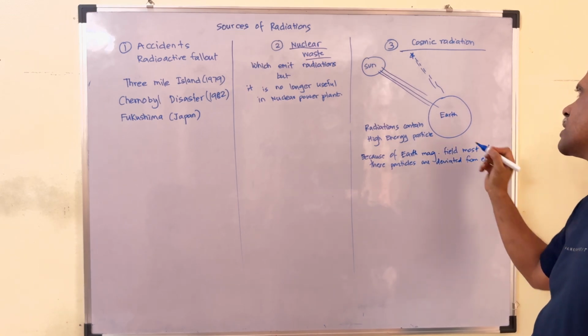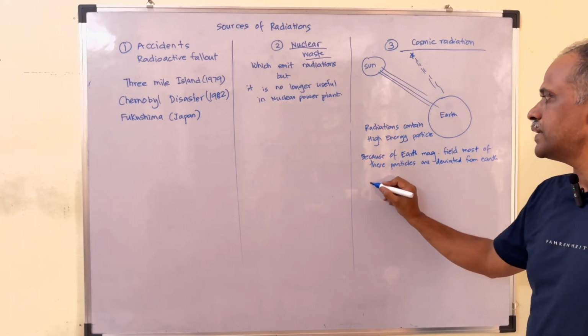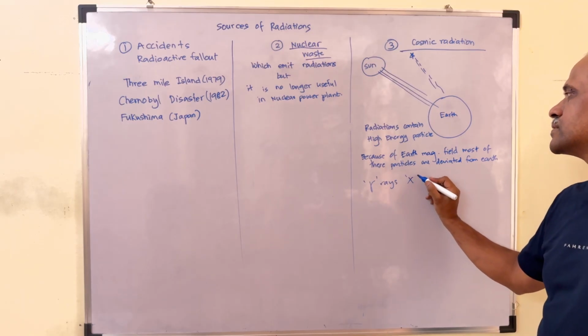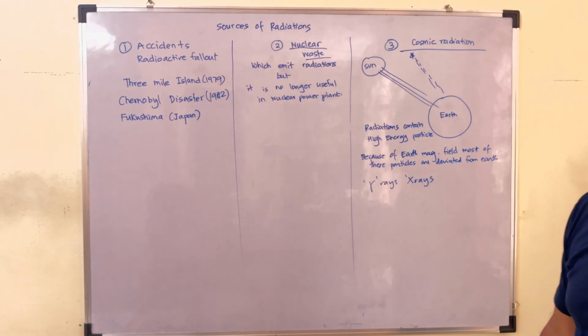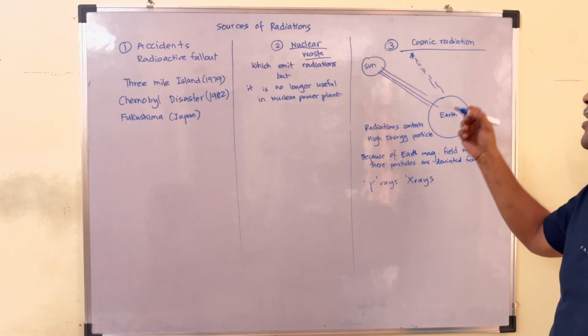However, some of them still come onto the earth, that is some gamma rays or some X-rays still come onto the earth, and knowingly or unknowingly we are being exposed to this. This is the third, cosmic radiation.